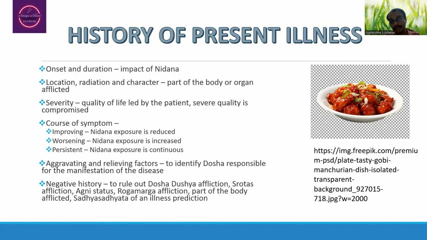Location, radiation and character. By this we can identify the possible part or organ of the body afflicted. For example, if the person has pain in the epigastric region radiating towards the retrosternal area, the possible part of the body afflicted could be the stomach.